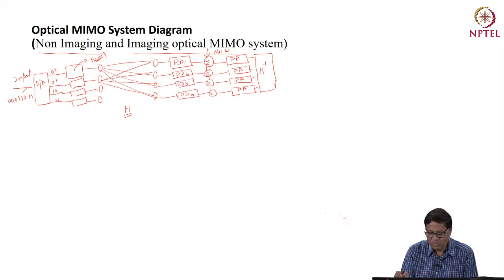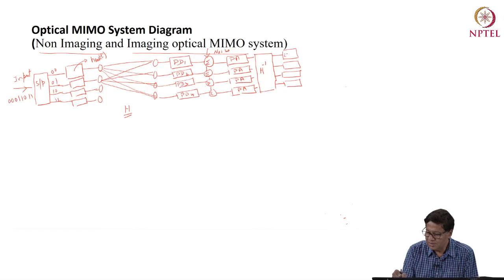If you have the H inverse, then you will be able to get the output. This output will come here, and then some low pass filtering, some processing at the receiver.